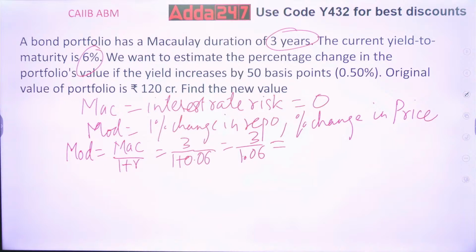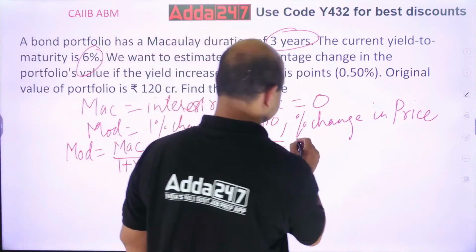Everyone do it using the calculator. Three upon 1.06, right? So 2.83, correct? So it is 2.83. Got it, everyone? 2.83, but this is in percentage.